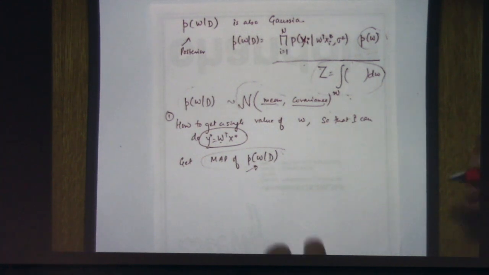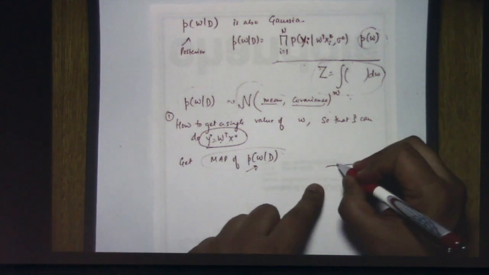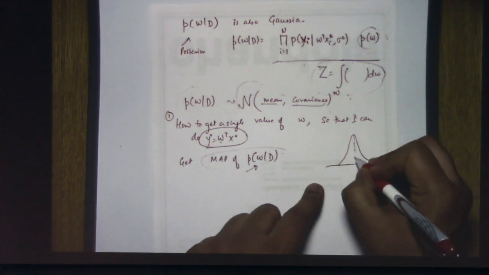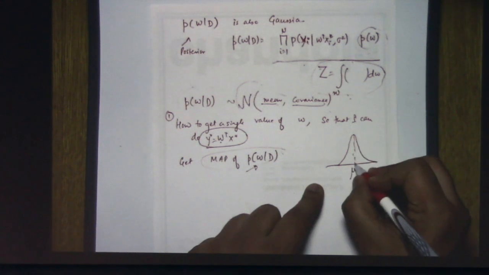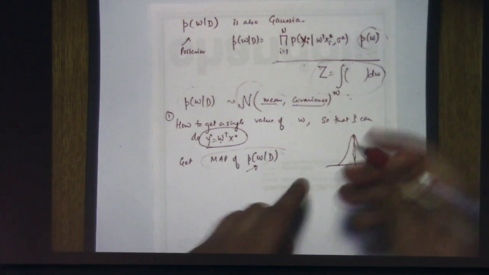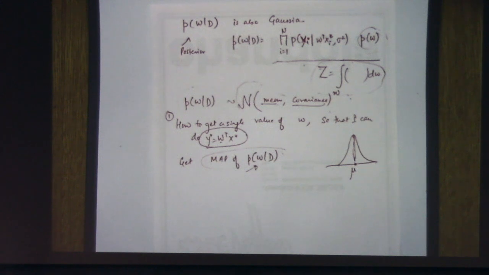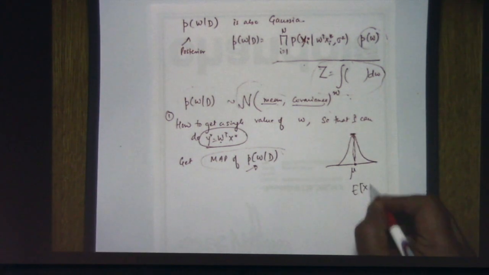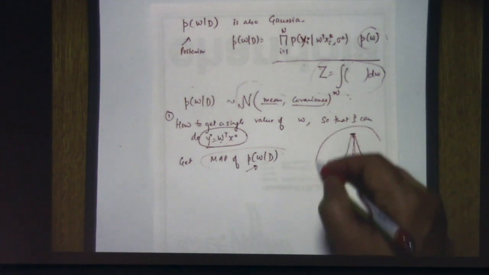If you remember the univariate Gaussian distribution looks like this. This is the mean. This is also the mode, which is the value at which the probability is highest. And this is also the expected value, E of X. That's just a property of Gaussian.